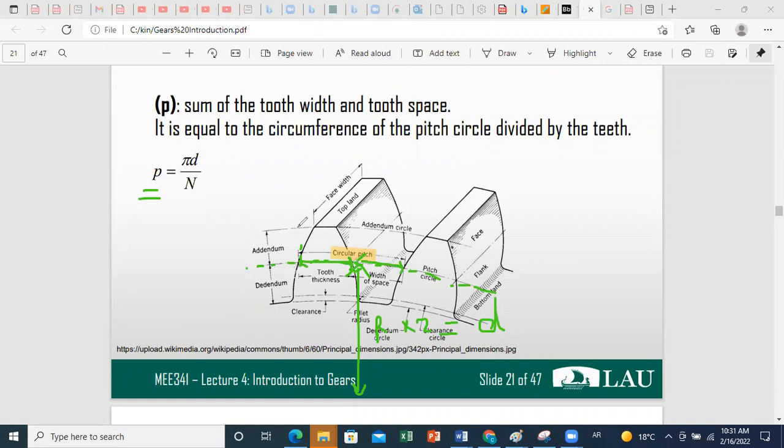So we first define the circular pitch P. The circular pitch P is equal to the total circumference, which is pi D, over the number of teeth on your gear.